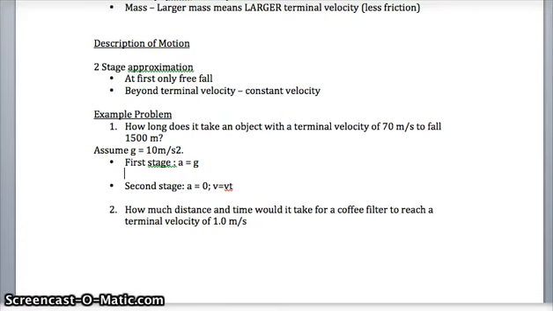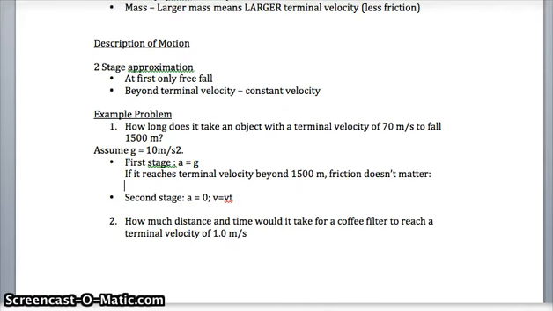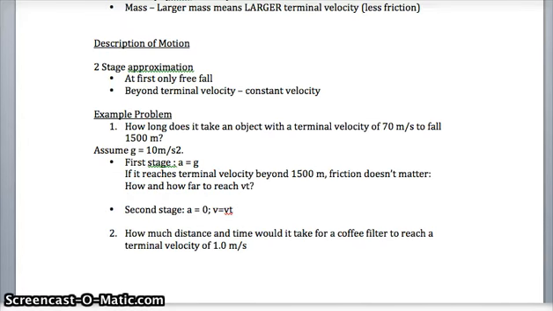Because if it reaches terminal velocity beyond 1,500 meters, then there's no need to include friction at all. So let's check it out. First we need to answer the question, how long and how far to reach terminal velocity.